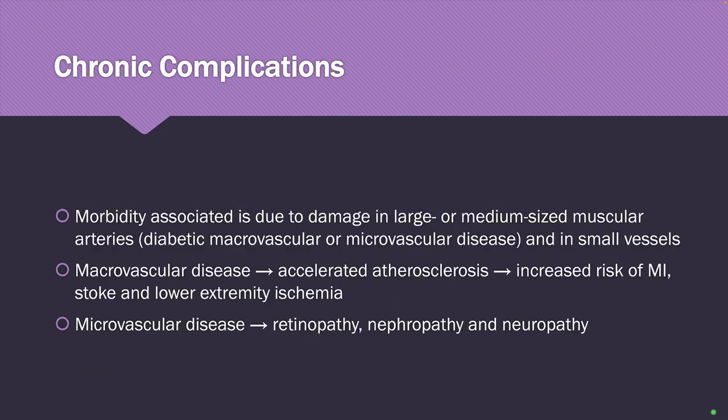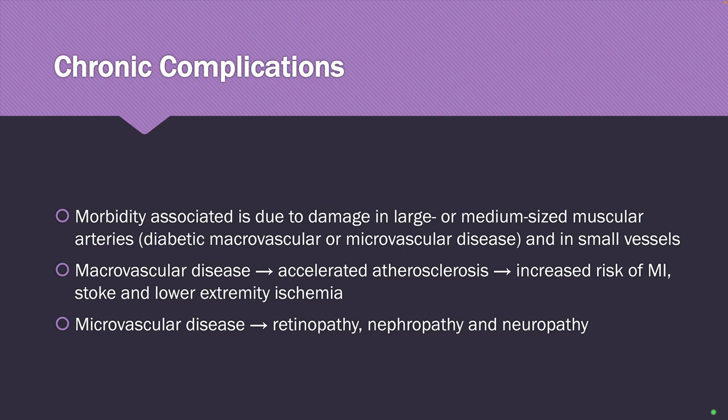So, how about chronic complications of DM? Kanina, we were discussing acute problems. Yun yung mga emergencies mo in DM. Now, we're dealing with chronic complications. The morbidity in DM is mostly associated due to large or medium-sized muscular arteries and in small vessels. So that's why you have your diabetic macrovascular or microvascular disease.